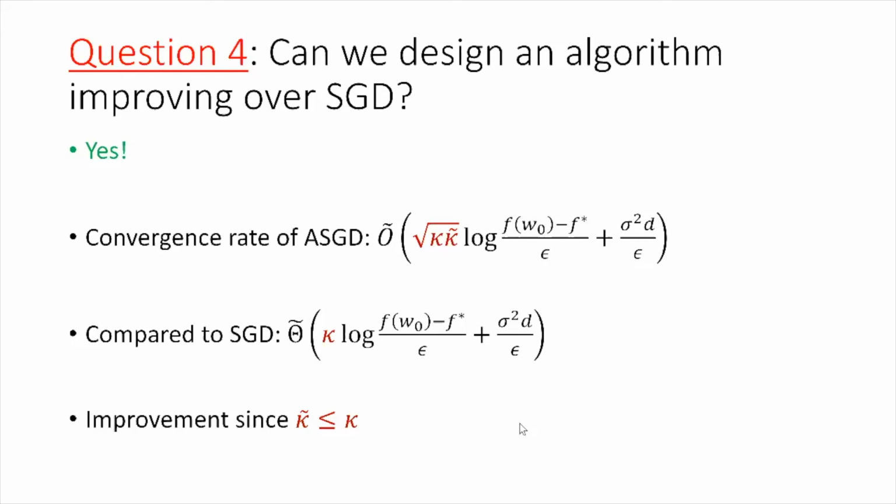For those of you who are familiar with Chebyshev polynomials, the improvement from kappa to square root kappa, at least in the deterministic setting, is related to the following fact. If you want to go from 0 to 1 in a very small interval delta while being bounded in the domain 0 to 1, then the degree of the polynomial required is of the order 1 over square root delta.